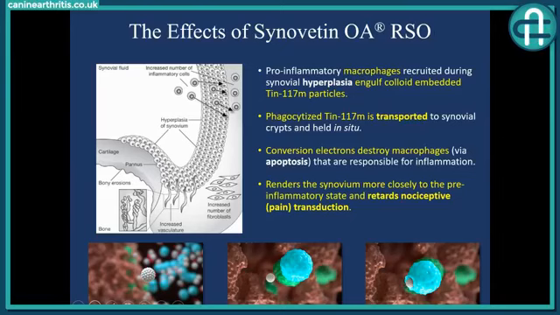That's the same kind of tin can that you take your baked beans out of. And so this is a radioactive tin that is in this little particle. And you see this little particle in the bottom left-hand graphic there, that little white ball with the buds on it, if you will, being the radioisotope. So what happens is this is injected into the joint, and these macrophages, which we have talked about, they're the carpet cleaners of your joint space.